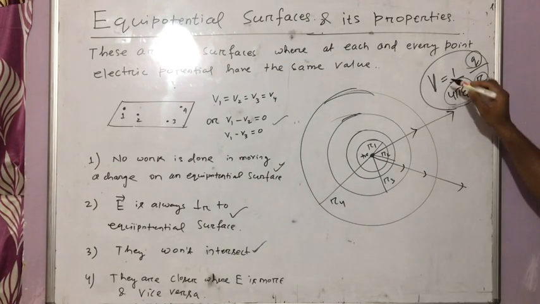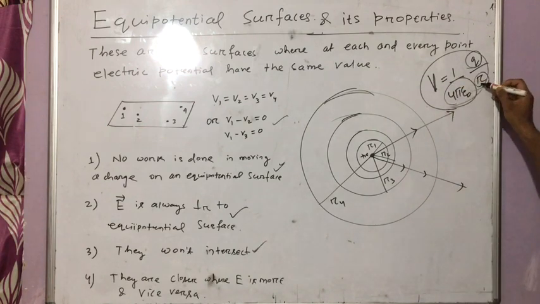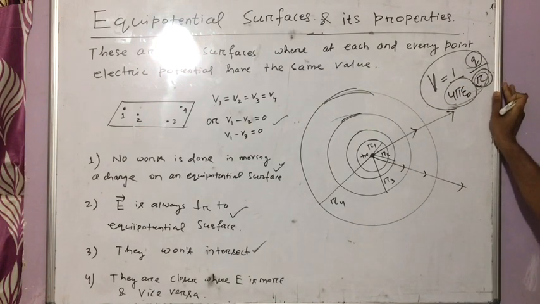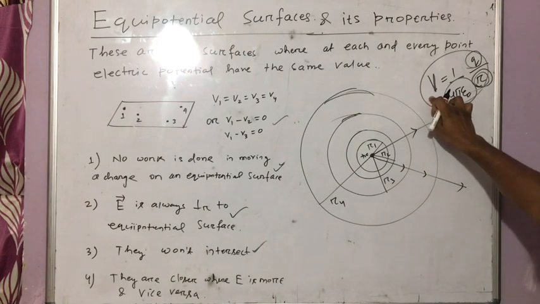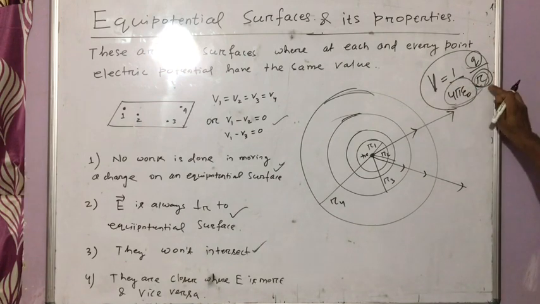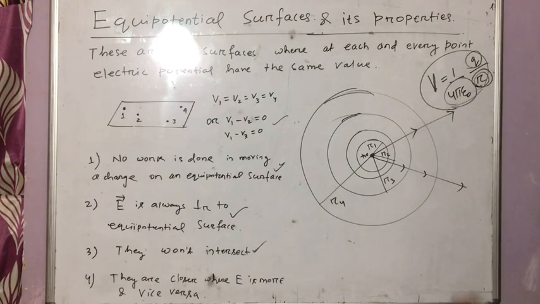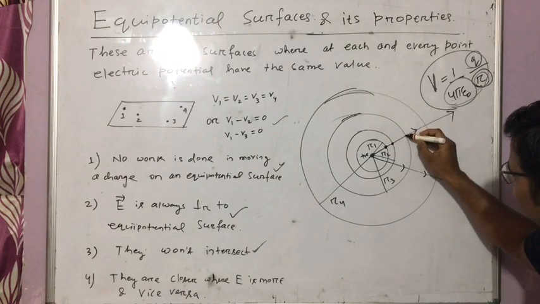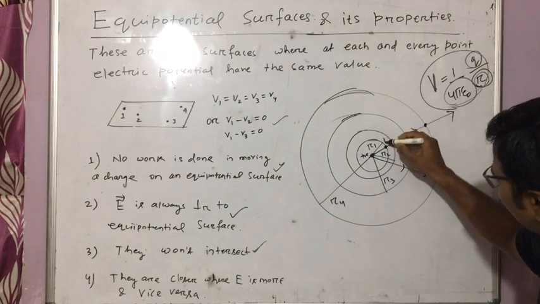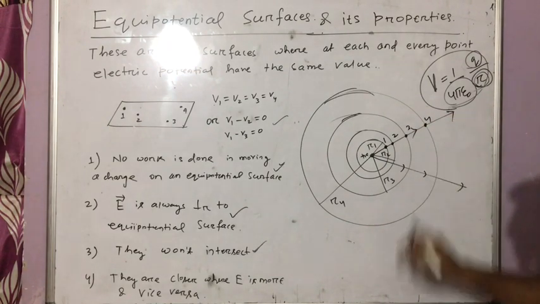And for a point charge, the value of the potential is given by this formula. V is inversely proportional to R. Means where the R is more, the value of V will be less. Try to understand here. Suppose I am marking the point here 1, this is 2, this is 3 and this is 4.